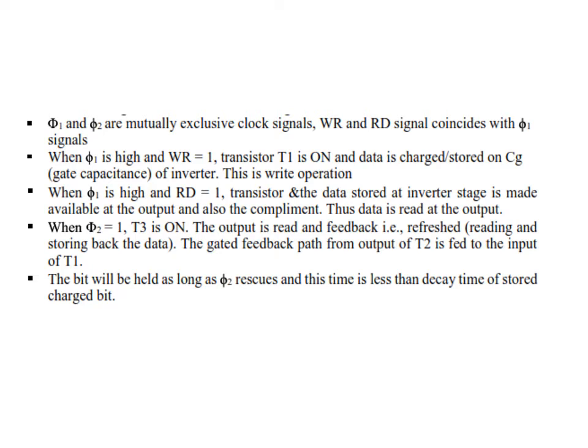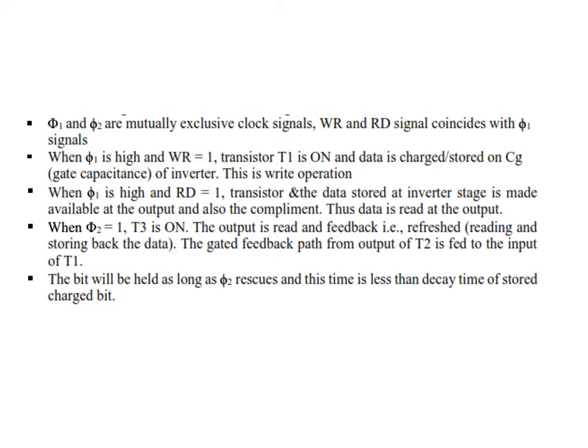This is the write operation. When phi 1 is high and read is equal to 1, the data stored at the inverter stage is made available at the output. The output obtained is in complementary form and non-complementary form.